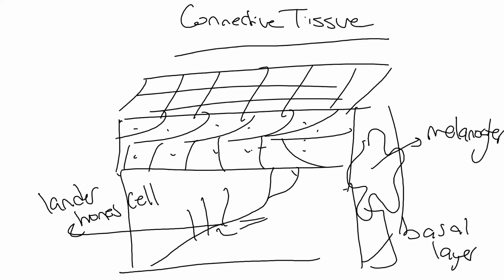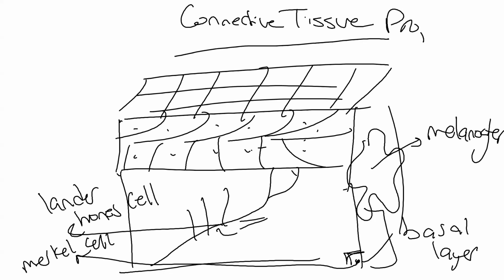And here the small unit at the end is called the Merkel cell. Okay, so the connective tissue proper, okay, we have the melanocytes, and of course on the epidermis, what do we have on the epidermis?